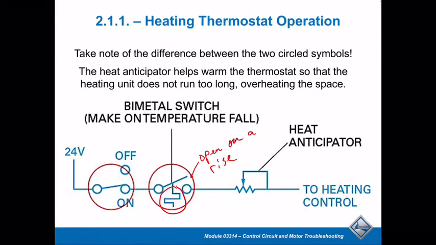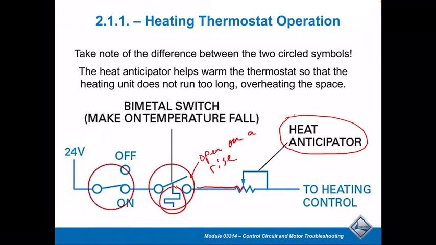Now, there are thermostats that actually do have a device called an anticipator. And the anticipator is a device that allows some of the current to go through a little heater. It's designed to allow the circuit to take the path of least resistance.